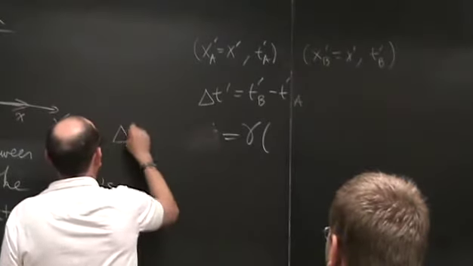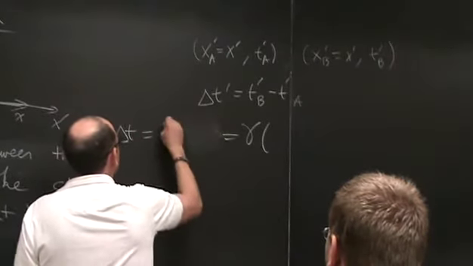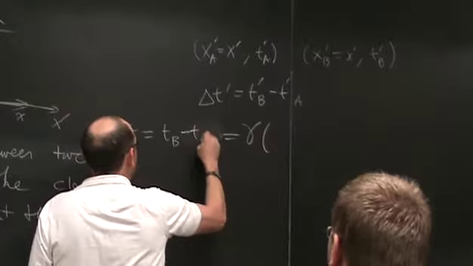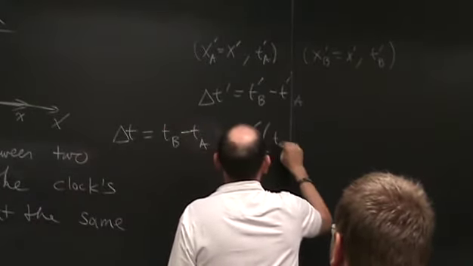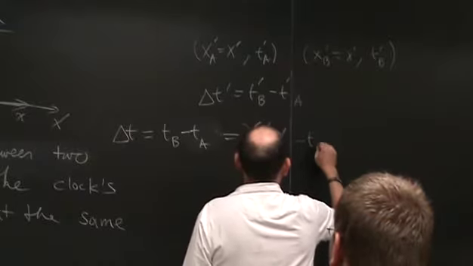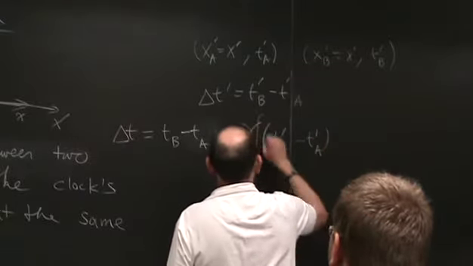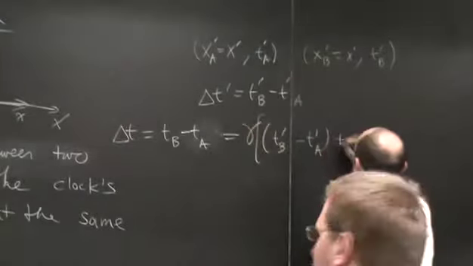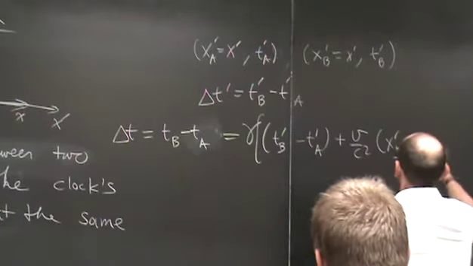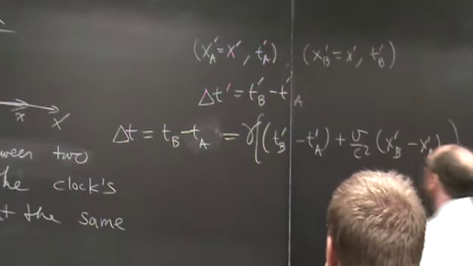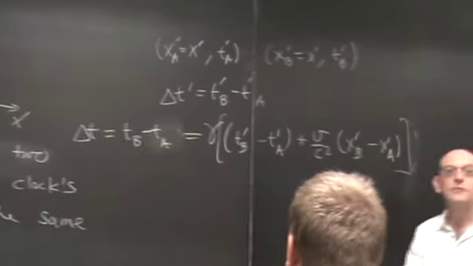So delta t is equal to tb minus ta, which is gamma times tb prime minus ta prime, plus v over c squared times xb prime minus xa prime. Okay?